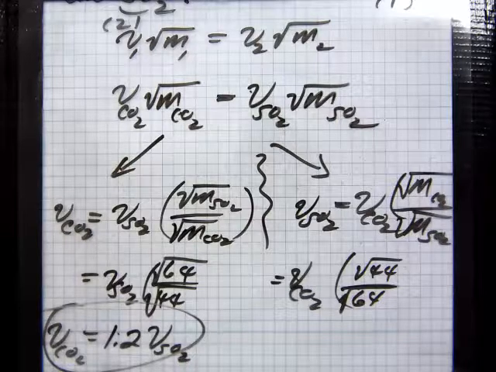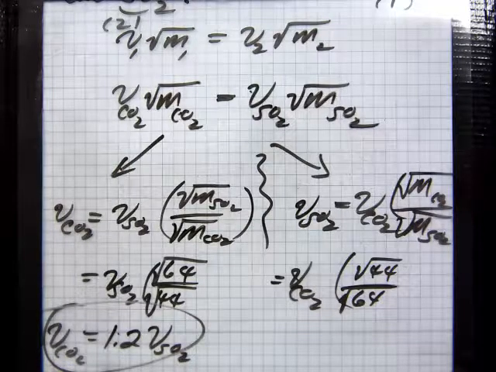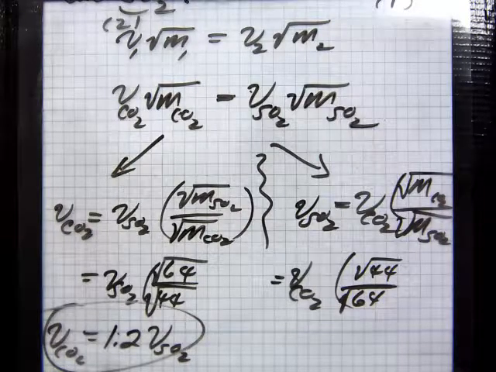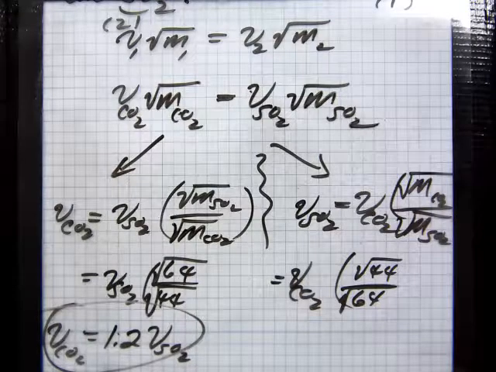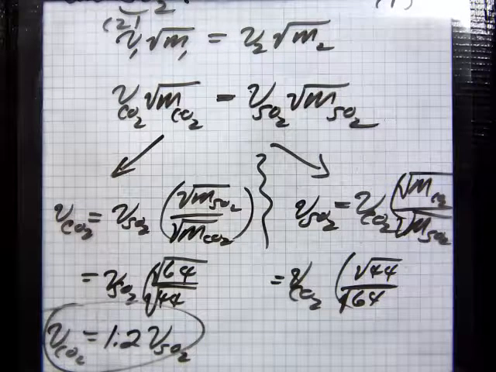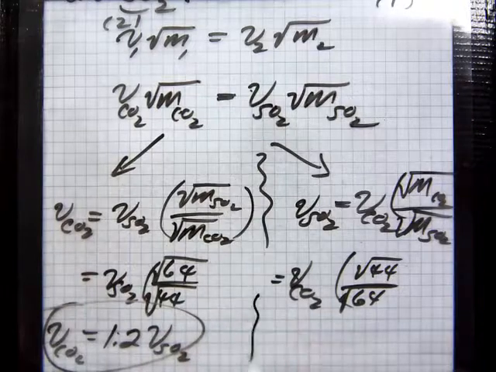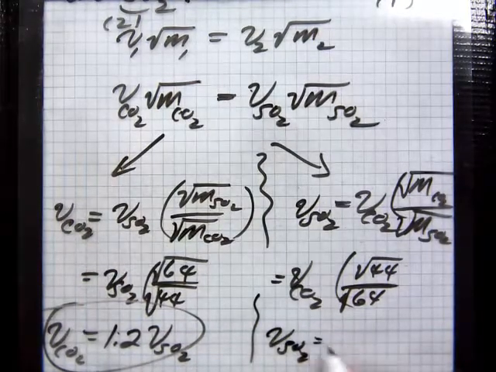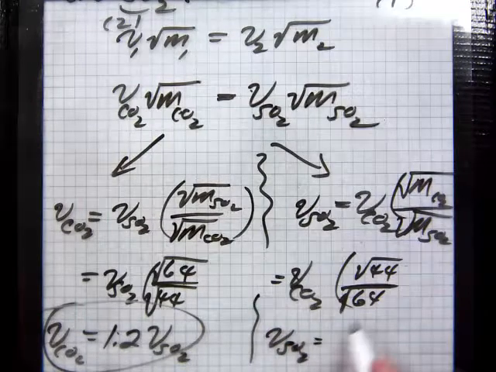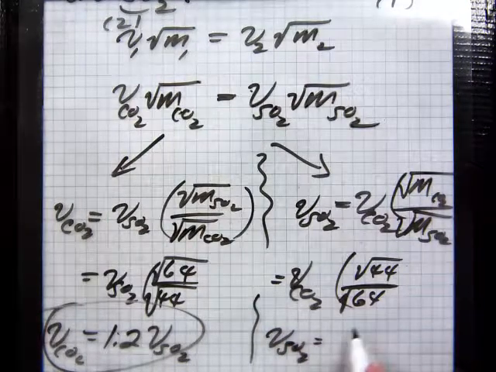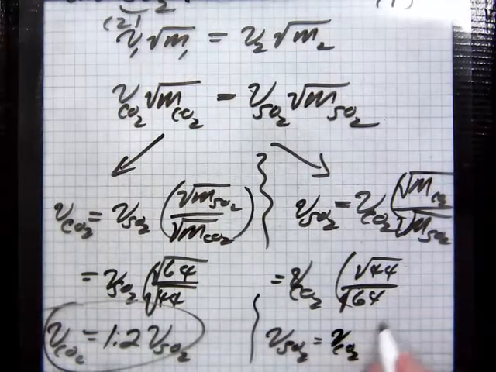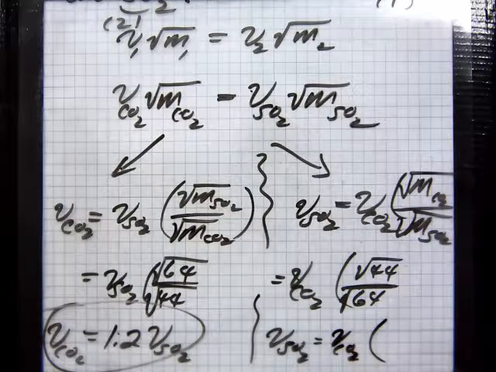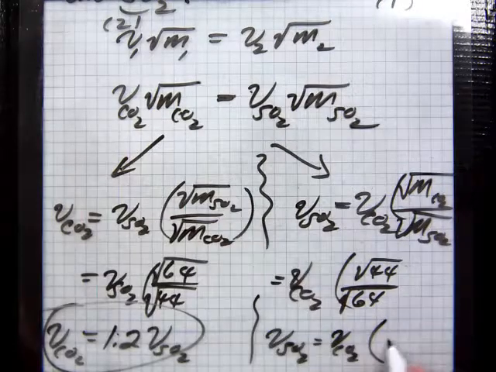But the velocity has to be in terms of one or the other, and you can only express this as a multiple factor. And if you did this for velocity of SO2, then that would be the velocity of CO2 times the reciprocal of that. Let me just take this, which would be 0.83.